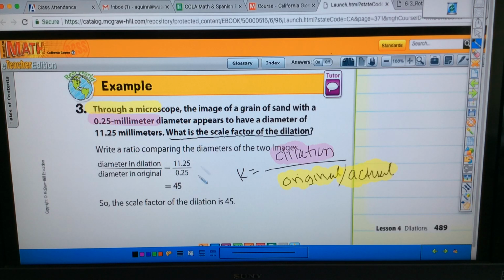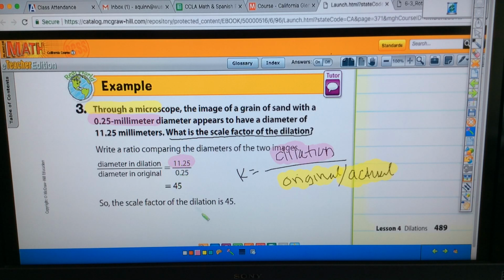So basically what you're going to do for these ones is it's going to be a division problem where the dilation gets divided by the original or the actual size, and that's going to tell you what the scale factor is. So if we see here, in pink, the dilation is 11.25. I think maybe I miscolor coded these here.